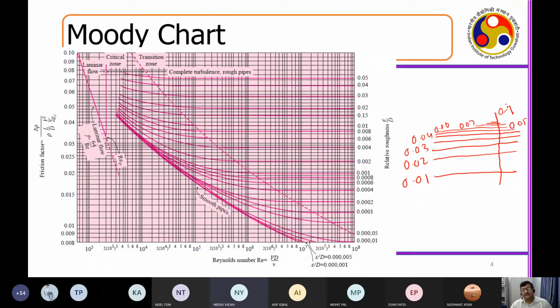So can we achieve complete turbulence in smooth pipes? You can achieve complete turbulence in smooth pipes also at very high speed. But there is nothing called a completely smooth pipe, right? You get my point.